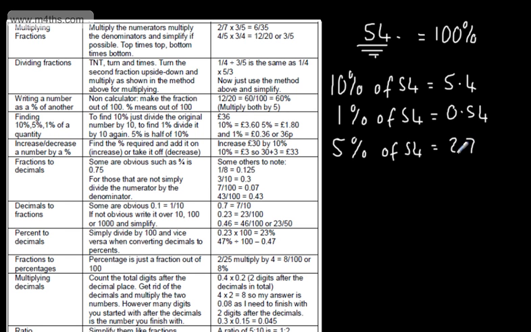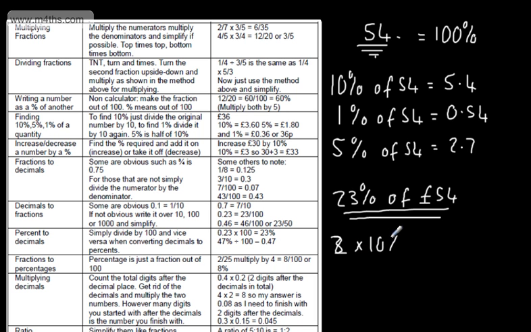So if we're asked to find, for example, 23% of £54, without a calculator, we can do two lots of 10%, and then we can add to that 3 lots of 1%.